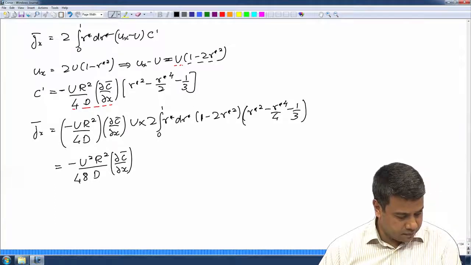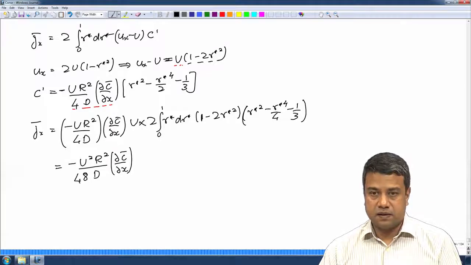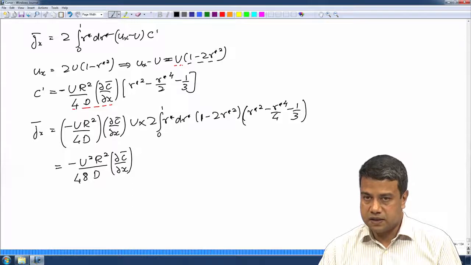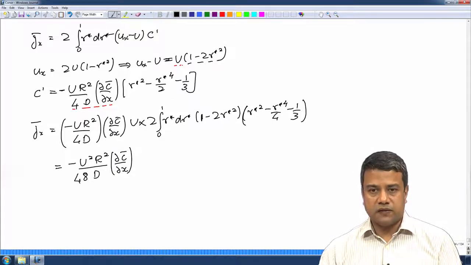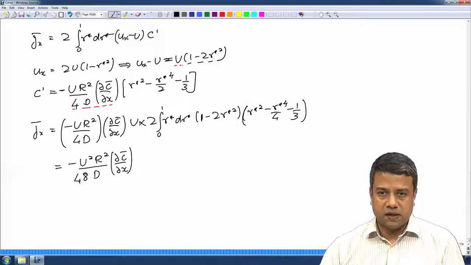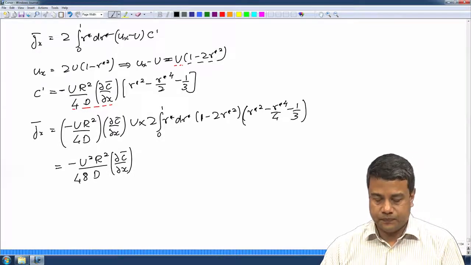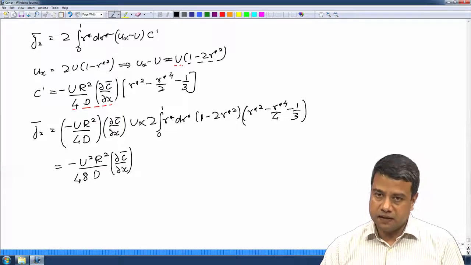So, this is the flux, the cross sectional average flux in the axial direction, due to carrying out an average of the flux in the radial direction. So, this flux has to be added to the convective flux.